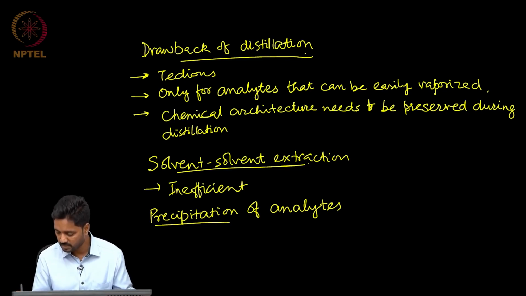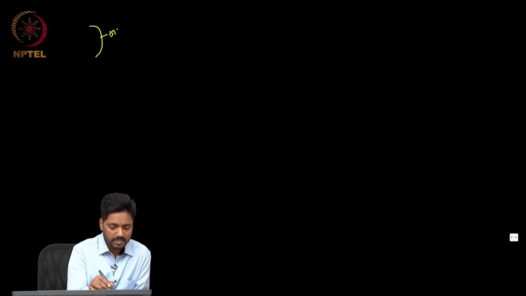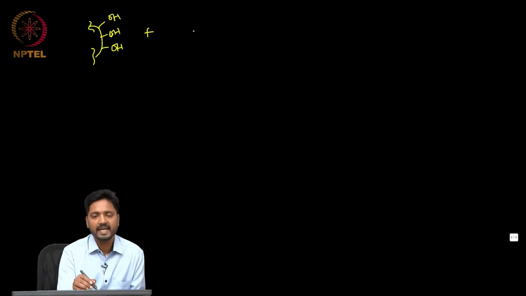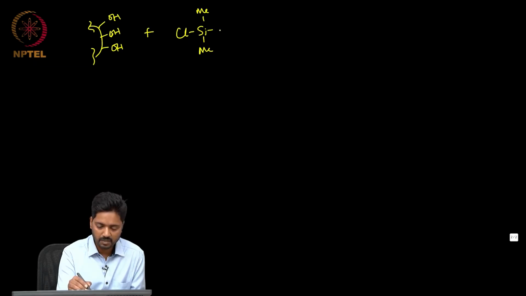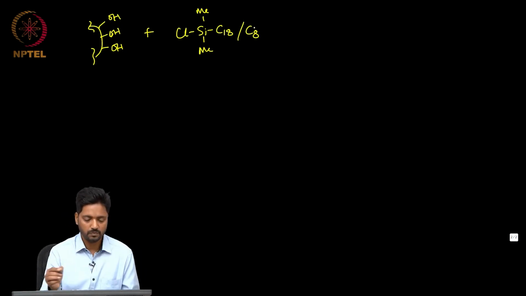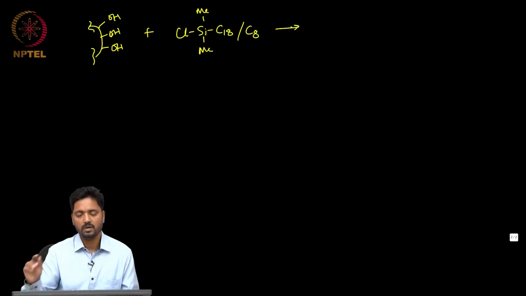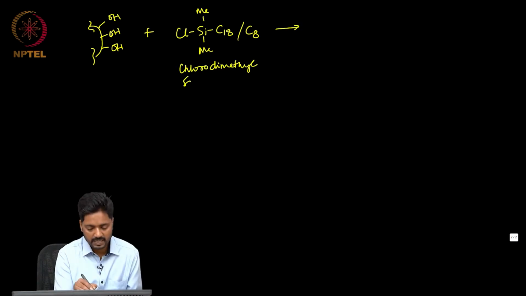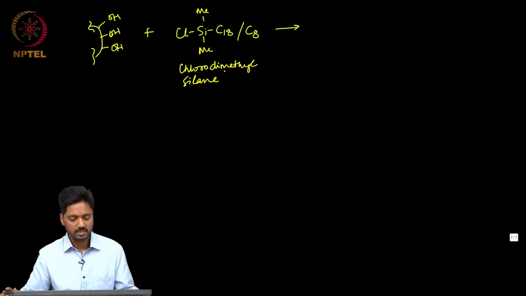What we do here is we have these particles which have hydroxyl residues on the surface, and we undertake their reaction with chlorosilanes, usually chlorodimethyl silanes, and here we will attach a long chain such as C18 or C8 based on what we want to create or attach on our particle. Silane is reacted with the silica particle.